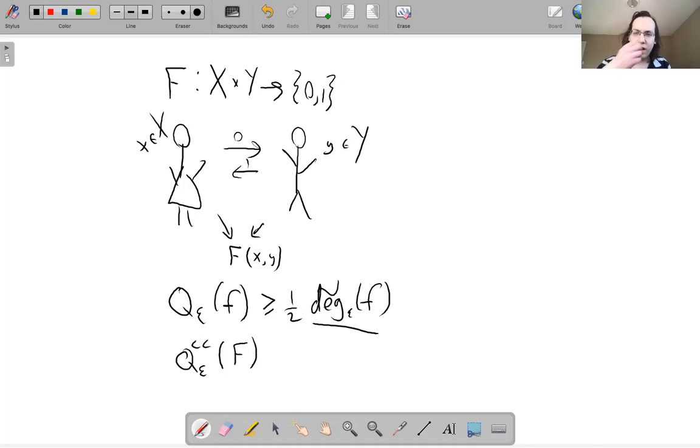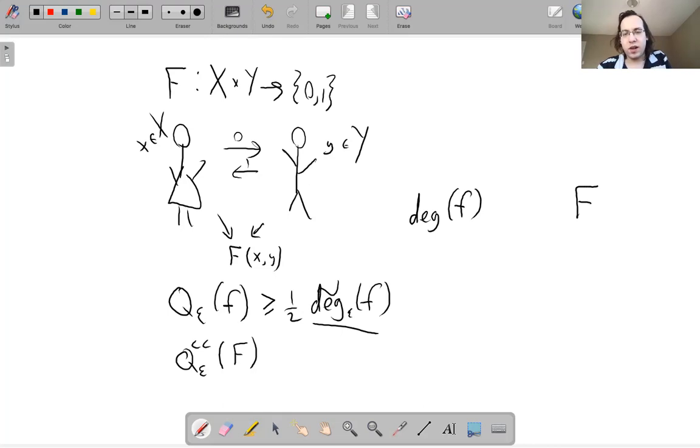One thing to note is that, before we find an analog for approximate degree, it makes sense to start with an analog of exact degree. So we can ask, what is the exact degree for a Boolean function, and what if we want a degree-like measure for a communication function f?